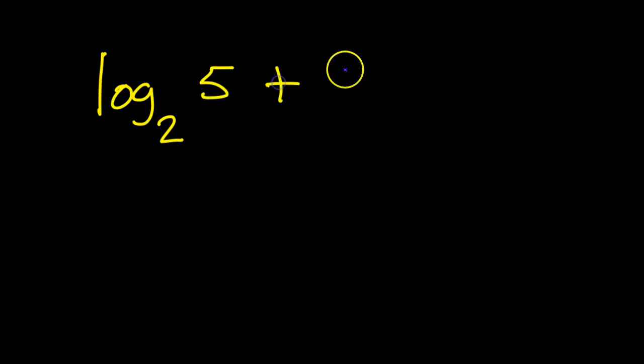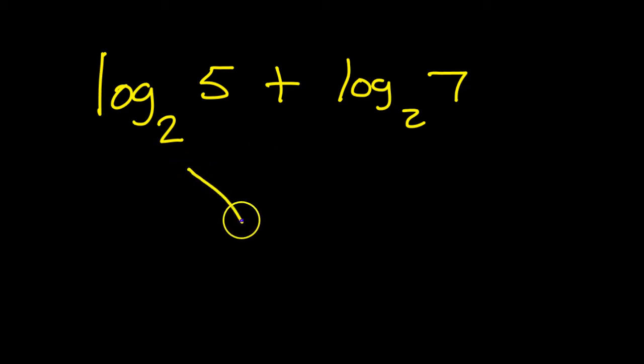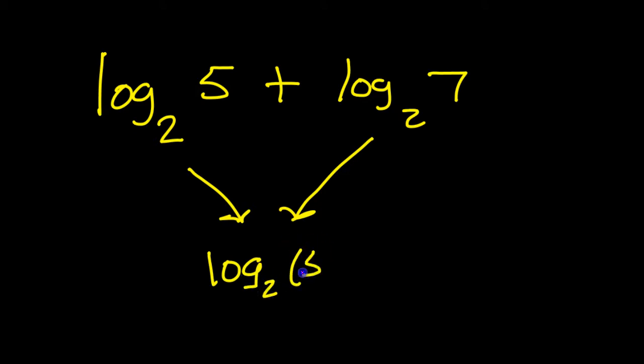So if I start with something that's written in expanded form, like for example, log base 2 of 5 plus log base 2 of 7, I could condense these into a single log, turning it back into multiplication, 5 times 7, which of course would be log base 2 of 35.